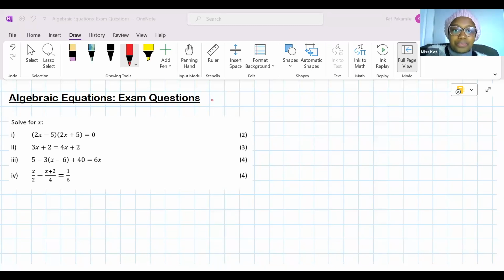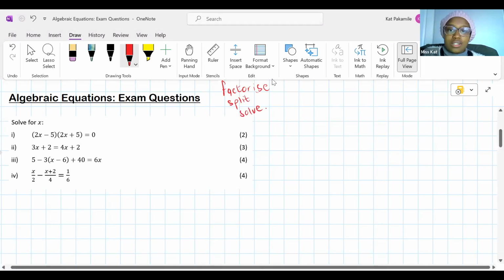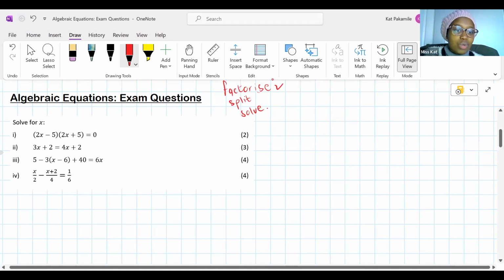But yeah. So remember last lesson, we said factorize, split and solve. We have already factorized. Can you see that this question is already in its factors? We have 2 brackets and they are factors.